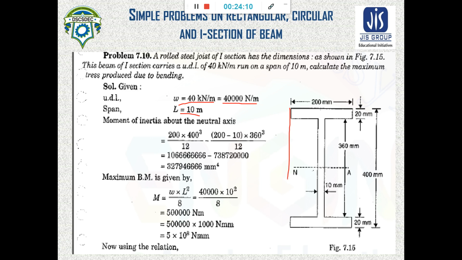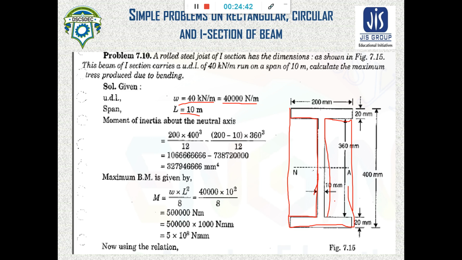First, the moment of inertia of the whole rectangle is calculated, then these two rectangles are subtracted from the value, and by this we can find out the moment of inertia of this I section. That is what is done here.